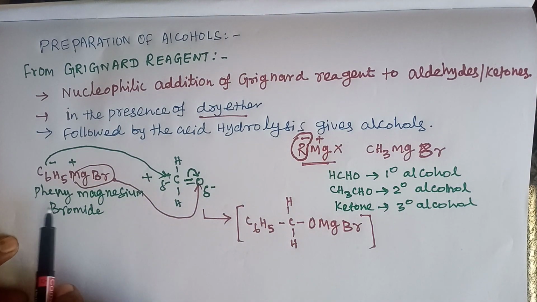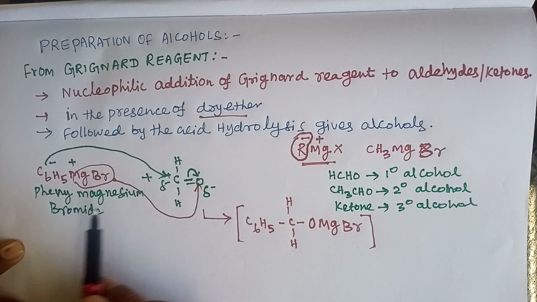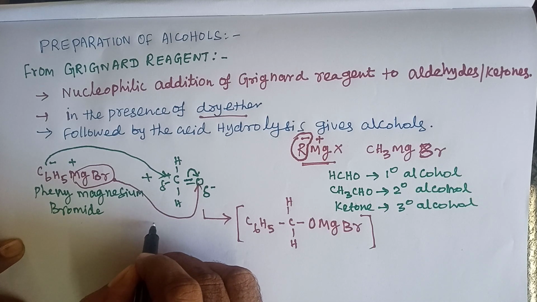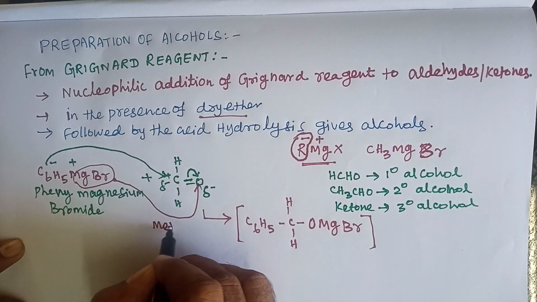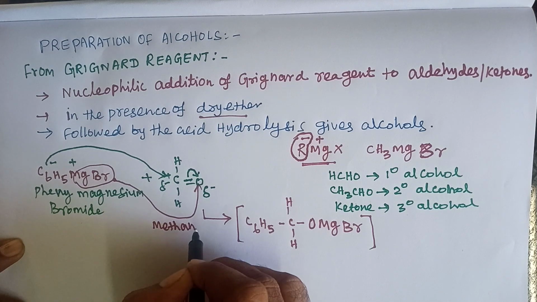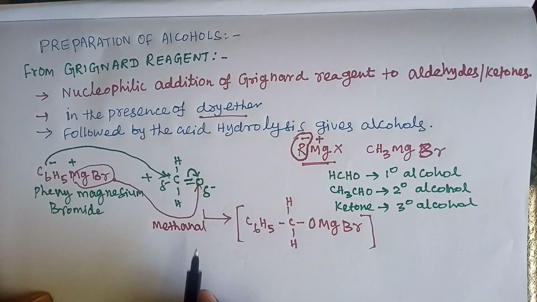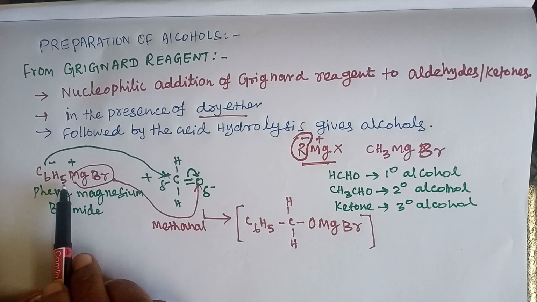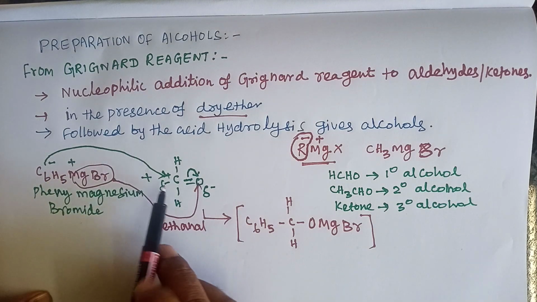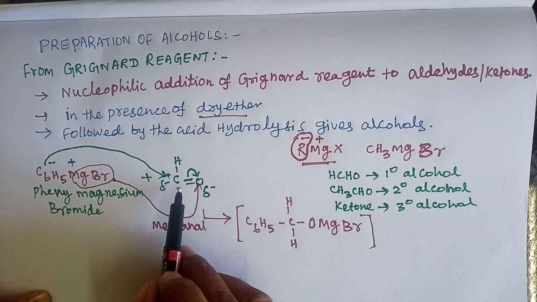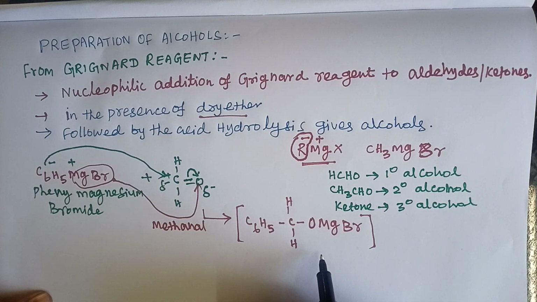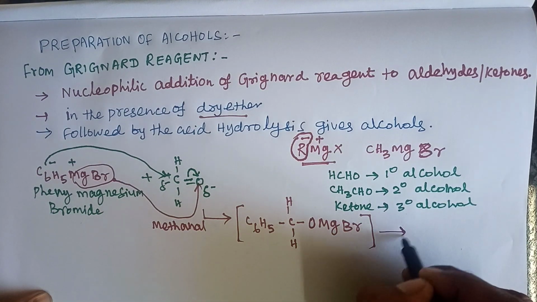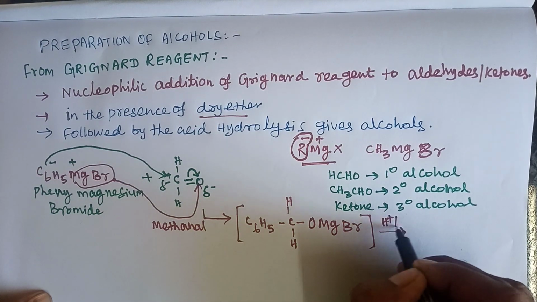So here we are taking phenyl magnesium bromide, then formaldehyde. Its IUPAC name is methanal. Here the nucleophile C6H5 minus attacks the carbon of formaldehyde and gives the addition product, followed by acid hydrolysis, H plus and H2O.